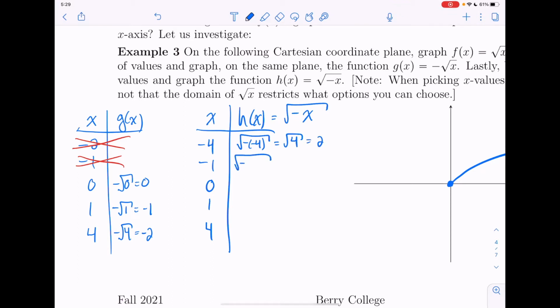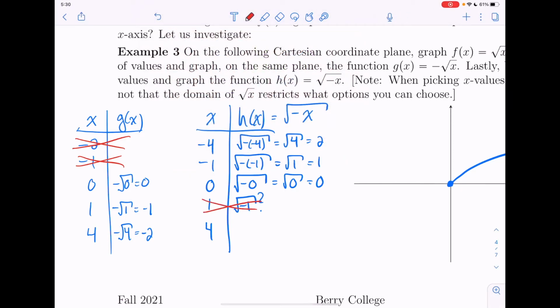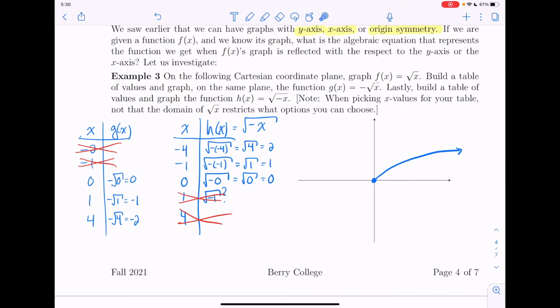The square root of negative negative 1 will give me the square root of 1, which is 1. The square root of negative 0 is just the square root of 0, which is 0. And now it's the positive inputs that are going to give me trouble. So here I'm going to try to do the square root of negative 1. This won't work at all. For the same reason, these inputs don't work. The domain doesn't allow negative inputs.